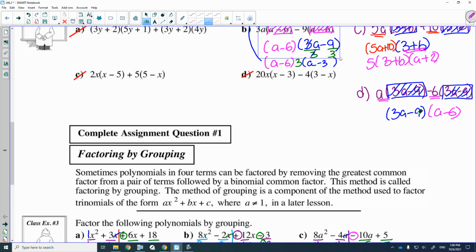Yes. Sorry, that's a 9. 3a minus 9. Okay, so you'd have a 3, and then you'd have a minus what? If you divided this by 3. Yep, a minus 3, a minus 6. So that one would be worth 3 marks as well.